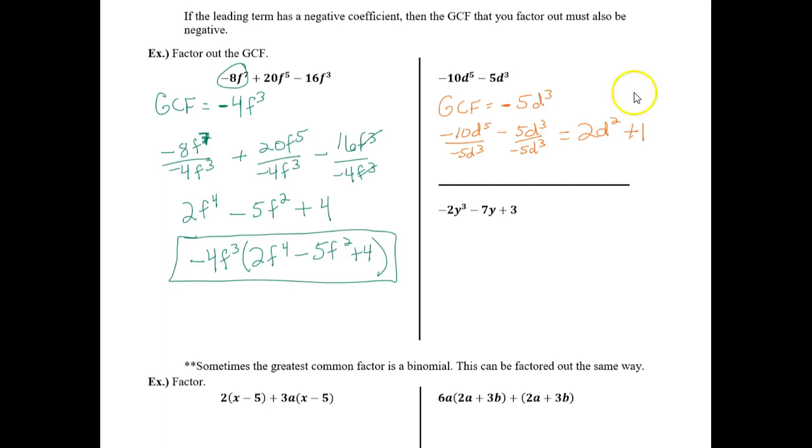And I can see here that 5 divides out, d cubed divides out, and I'm only left with 1. Anything divided by itself is 1. So the factored form of this is my GCF times what was left when I divided that GCF out.